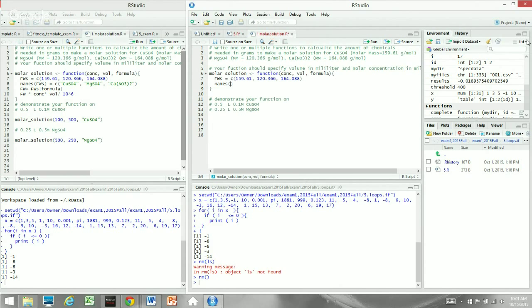So I'm going to name the formula weight, or the molar mass that was given to us: copper sulfate, magnesium sulfate, and calcium nitrate. Yeah, I think that's it.